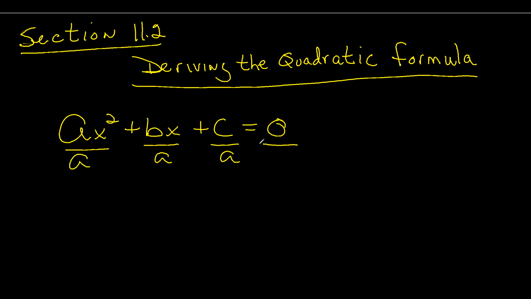I showed you a problem earlier where we had a number for a other than 1 that we divided out. So basically this is following the same pattern, same idea. So after this, this simplifies to be x squared plus b over a x plus c over a, that equals 0.